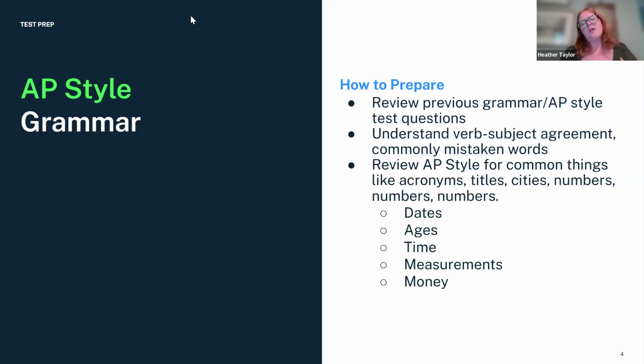For cities, how do you write cities and states? So all these common things that when you're on the fly, you're sort of supposed to just know it as you go. And so that's really for AP style and grammar. Think of like who, whom, and some of the more common words. Again, go back in our catalog of questions, and you will see all the type of grammar and usage questions that we ask.